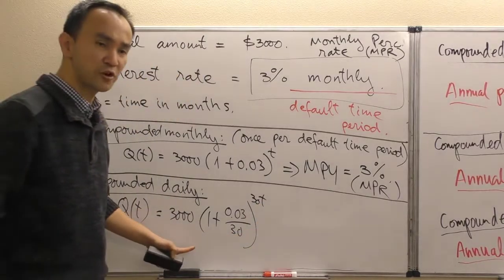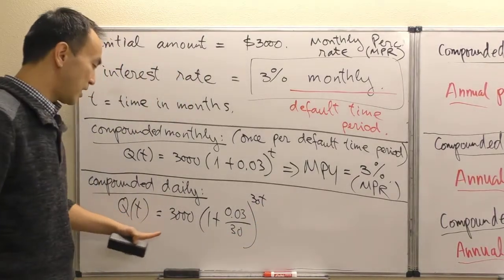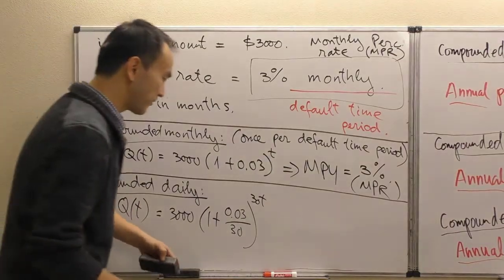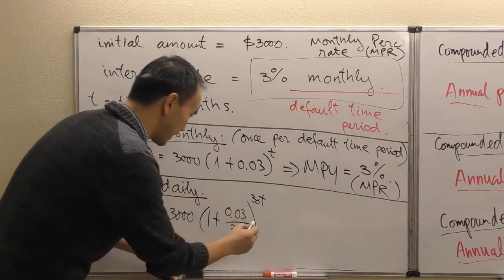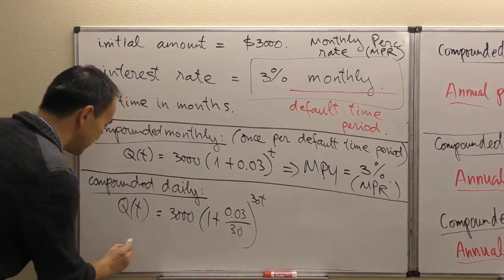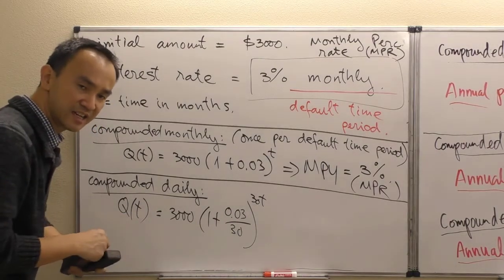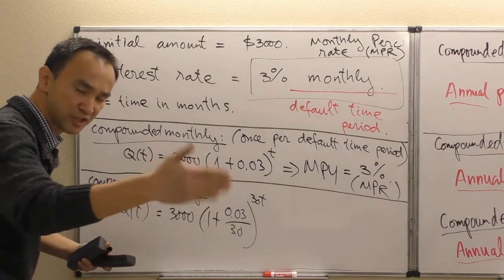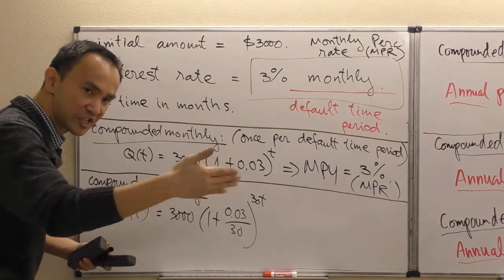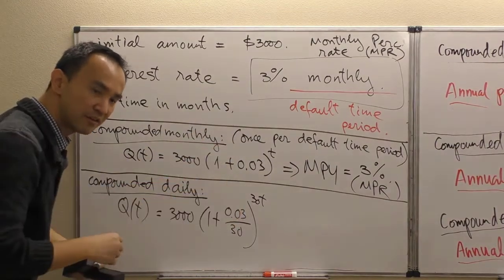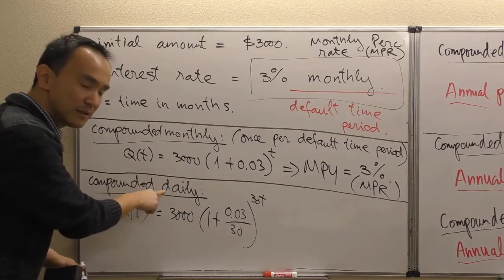This is an exponential function. And once we have that function, then yes, we can go ahead and calculate our monthly percentage yield again. See, the idea now is that it's the actual observed percentage yield per default time period. But now our plan is compounding more often.